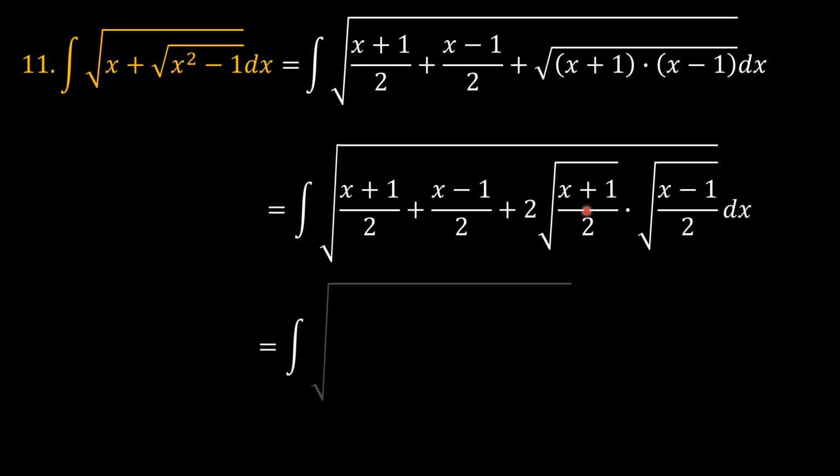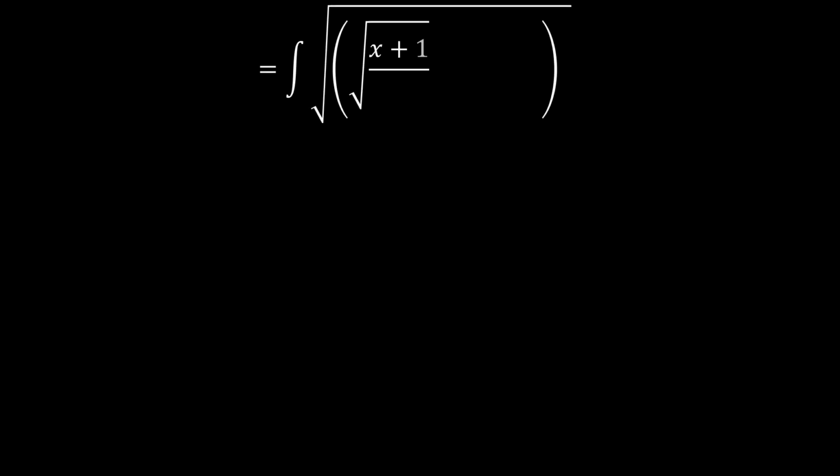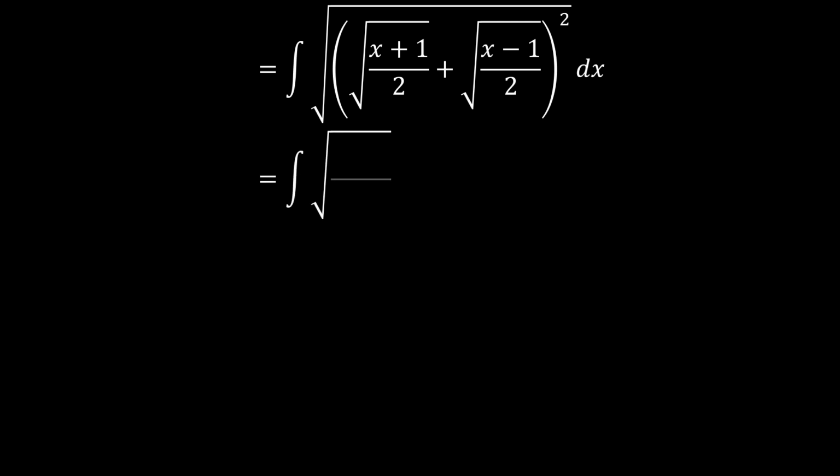So what that means is that we do have the square root of the square of the square root of (x plus 1) over 2 plus the square root of (x minus 1) over 2. So the square under the square root sign gets cancelled out by the square root, so we eventually just have the integral of the square root of (x plus 1) over 2 plus the square root of (x minus 1) over 2.